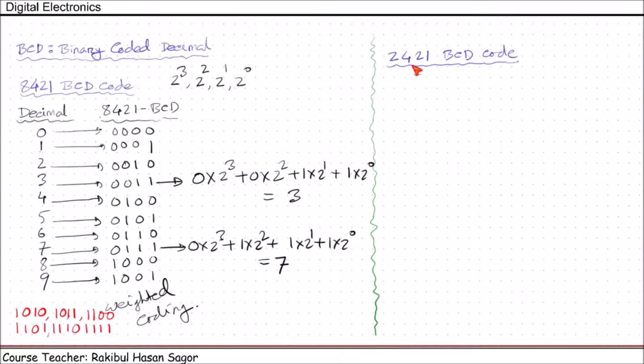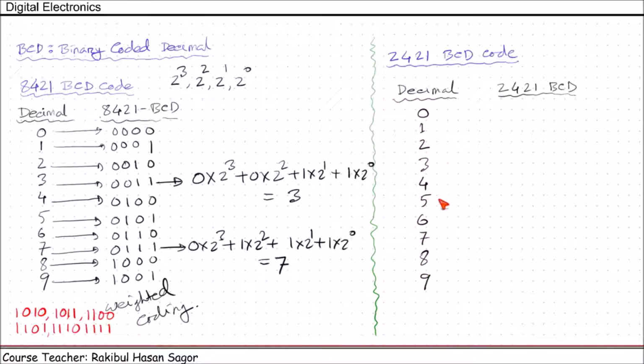Again, this 2421 indicates the binary weights of the 4 bits. Here the codes are designated in this format. You have the decimal number and the 2421 BCD. These are the 10 symbols for the decimal number system. 0 is represented by 0000.